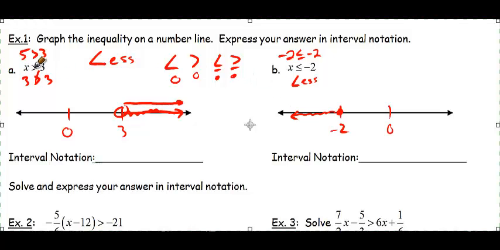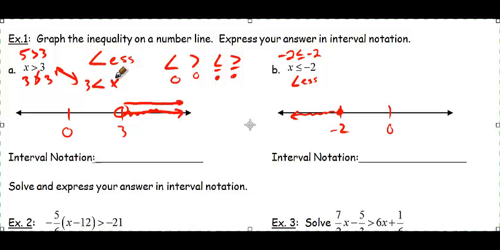Now another way of realizing which way to shade, which is a little bit of a trick, is that these make arrows. That arrow is pointing to the right, so you shade to the right. Now, the problem with that is this only works if x is on the left side. If you switch these and put 3 on the left and the x on the right, we still want 3 to be smaller than the x. 3 is on the small side. So these two are the same expressions.